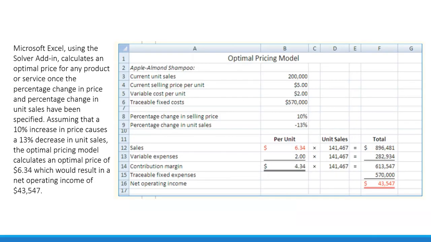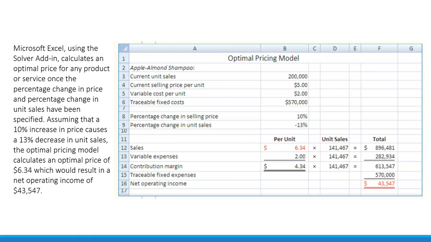We can use Excel to make predictions about what our optimal pricing is. We're using the Solver add-in. We're calculating an optimal price for any product or service once the percentage change in price and percentage change in unit sales have been specified.